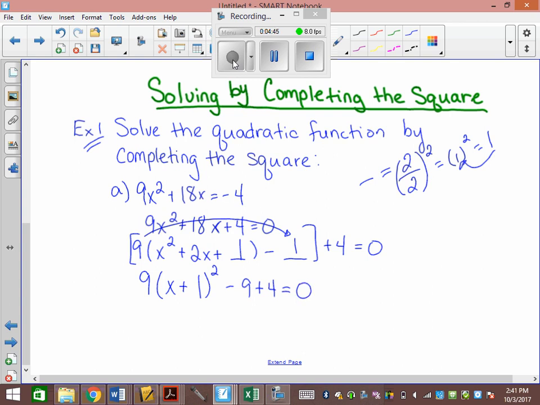What do we do next? It's just completing the square. Nothing new at this point. So the negative 9 and the positive 4 together, and we get 9 times x plus 1 squared minus 5 equals 0. And now we actually have it in vertex form.